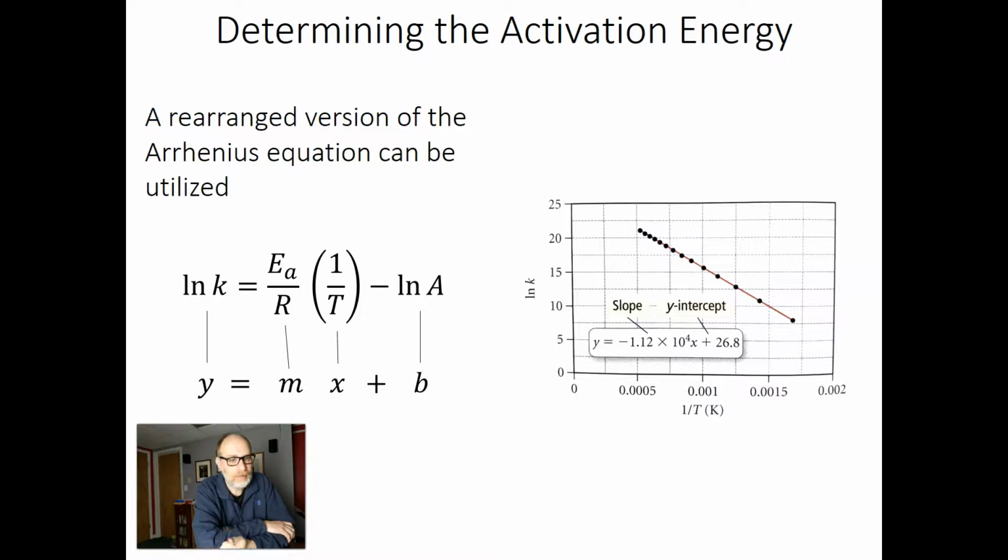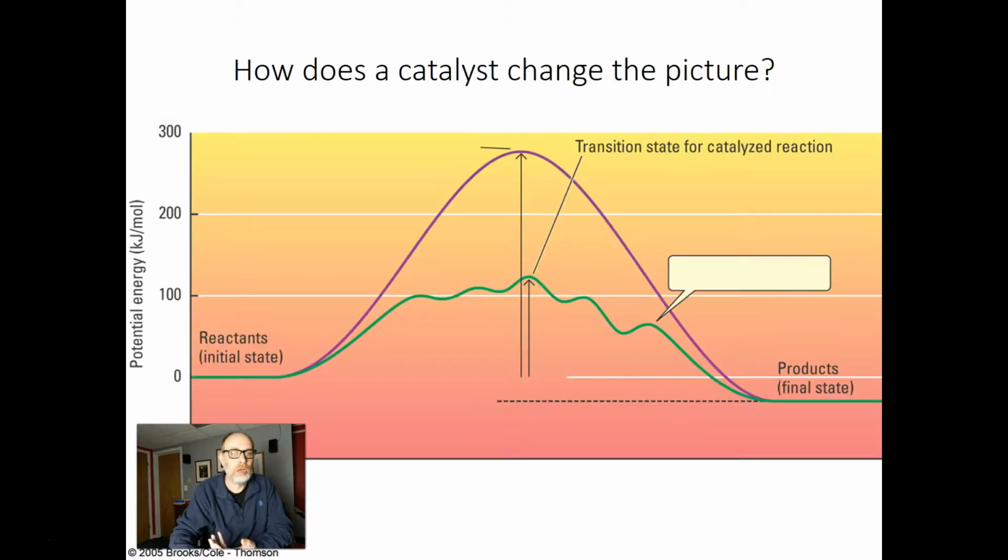So we can find the activation energy and the frequency factor from an Arrhenius plot like this, where we've measured the rate constant at different temperatures, and then plot the natural log versus inverse temperature, and the slope and the intercept will tell us something. So that gives us an idea of how fast reaction rates occur.